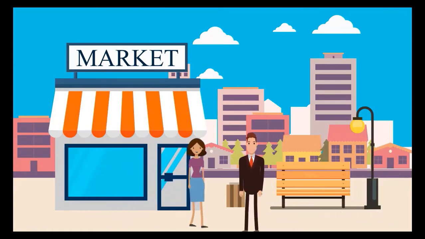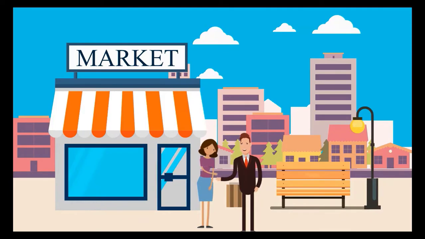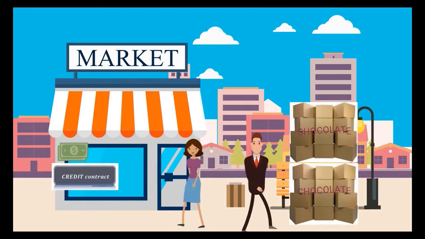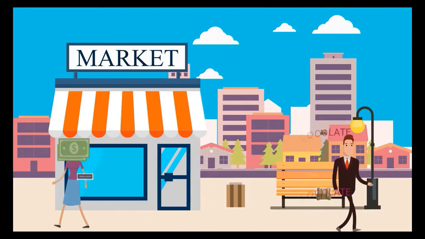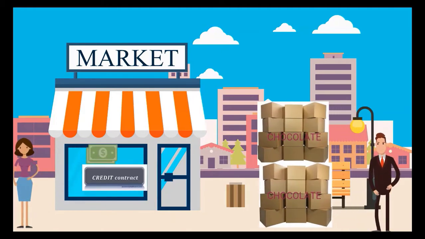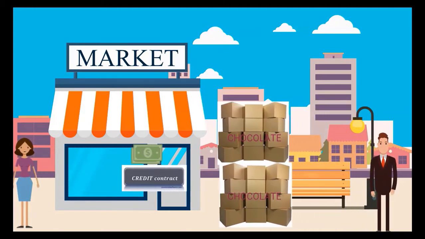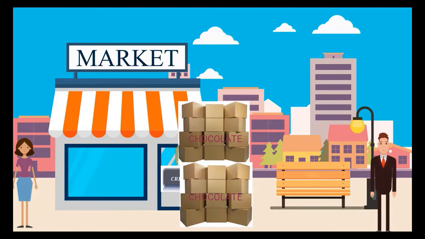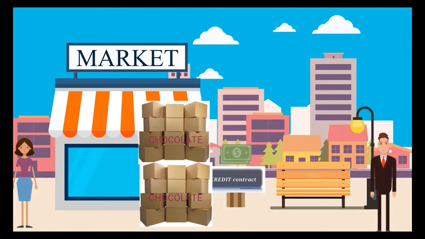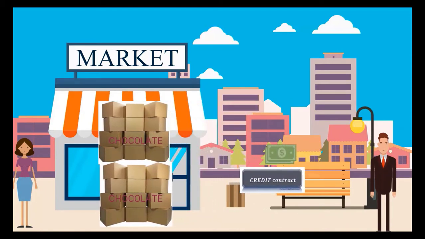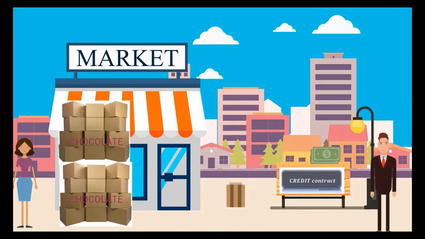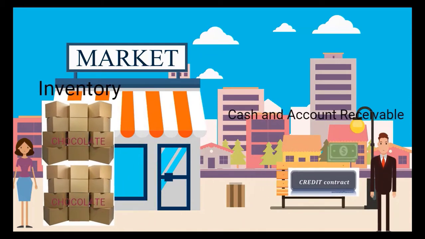Miss Shelley also has a contract with Mr. Roland stipulating that she pays 50% of the price of a chocolate on receiving the products, and the rest of the payment to be made on a later date. This transaction between Mr. Roland and Miss Shelley creates an asset for Mr. Roland's cocoa processing company and a liability for Miss Shelley's retail store to be paid on a later date.